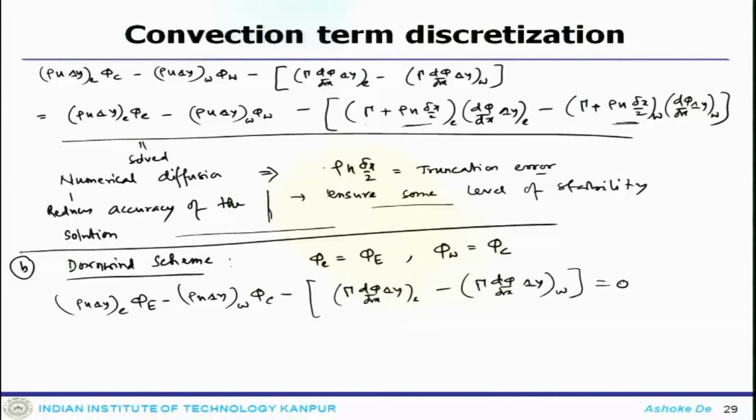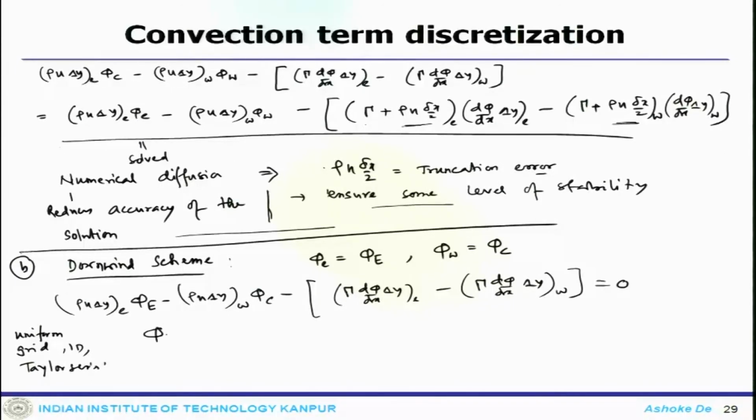That is our discretized equation. And once we have it, again assuming a uniform 1D grid, we use the Taylor series.